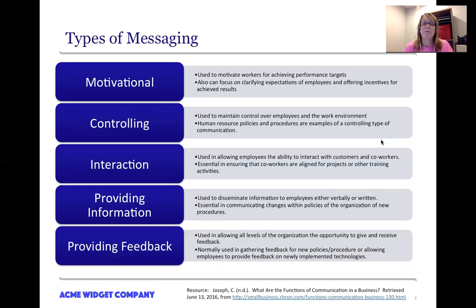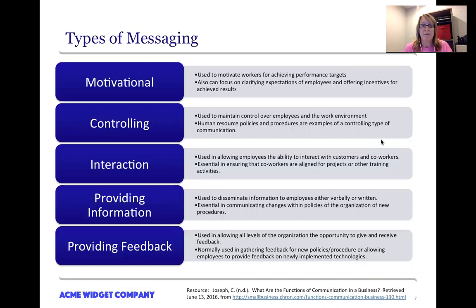The controlling type of messaging is really used to maintain control over what the employees are doing in the overall work environment. You can think about controlling as your human resource policies and procedures that are really defining how we develop communication around email, how we handle vacation time or sick time, and all of the things that go into policies and procedures.